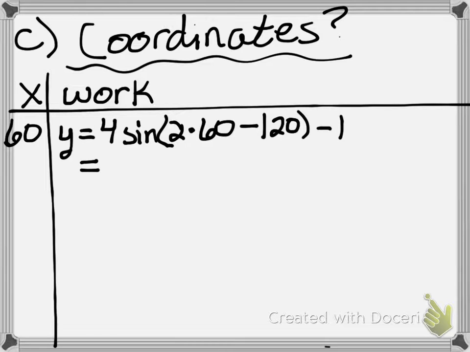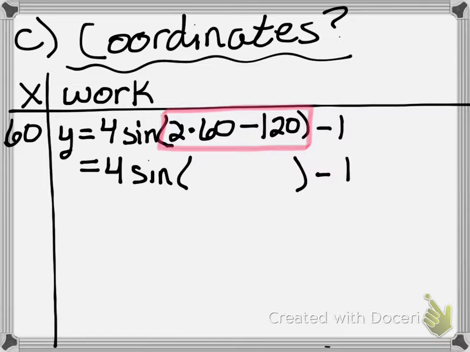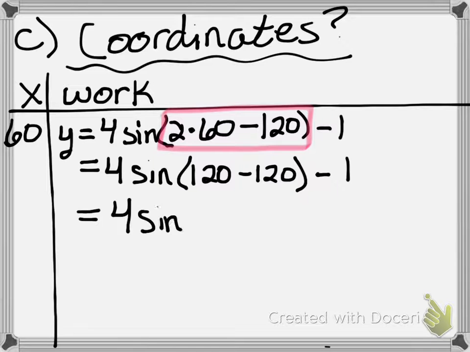So we need to simplify. The first thing we're going to simplify is everything inside the parentheses. That's the most important. So it's still going to be 4 sine of all this stuff minus 1 on the outside. So if we notice 2 times 60 is 120. And if we were to subtract those 2 numbers, 0 is what's left.